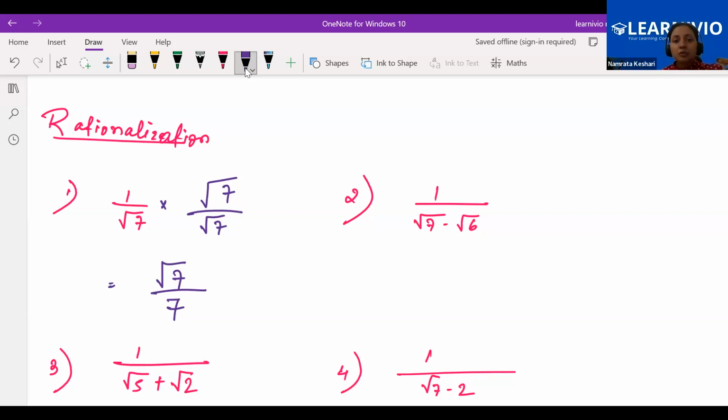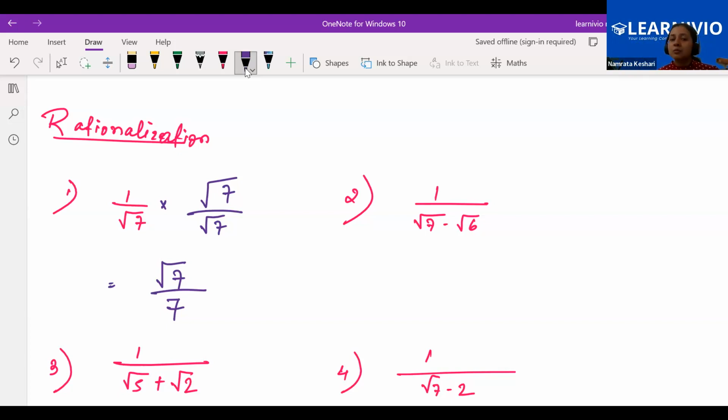A square root term in the numerator is okay, but it should not be in the denominator. To remove it, whatever multiplication or division is possible, we can do. Getting a square root in the numerator in exchange for removing the one in the denominator is completely okay, but our main purpose is to remove the square root from the denominator, and that's what we did.